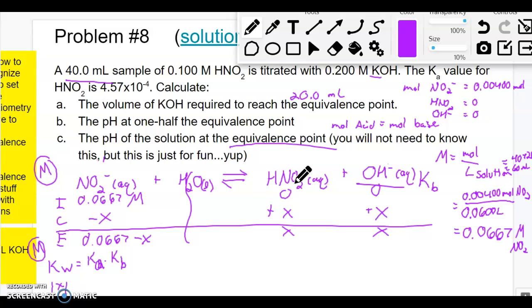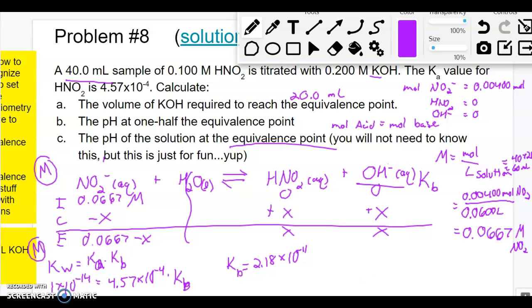Kw is 1 times 10 to the negative 14th. It's equal to Ka, they told us it was 4.57 times 10 to the negative 4th, times Kb. So when I solve for Kb, I get 2.18 times 10 to the negative 11th.